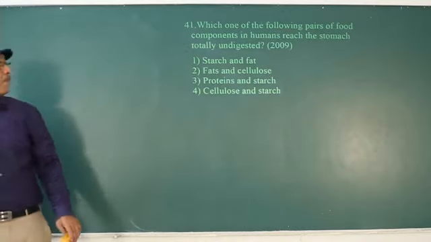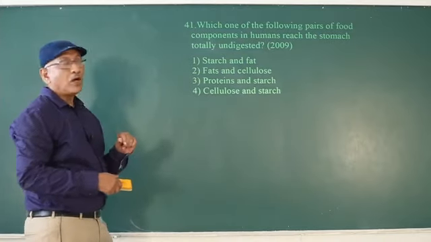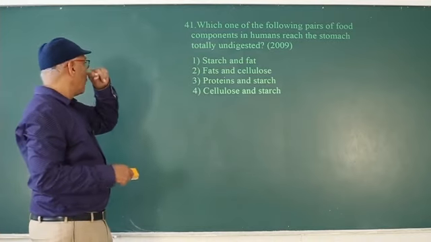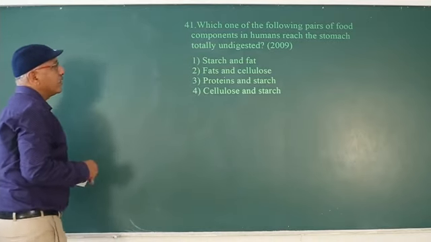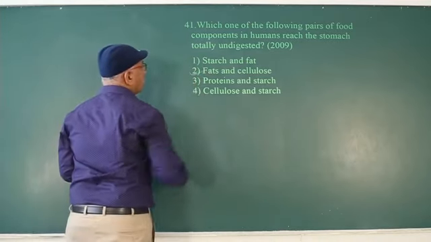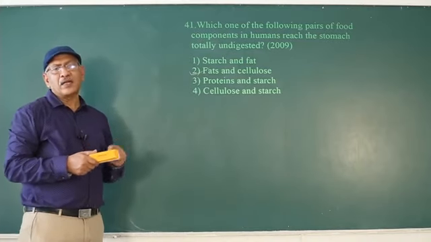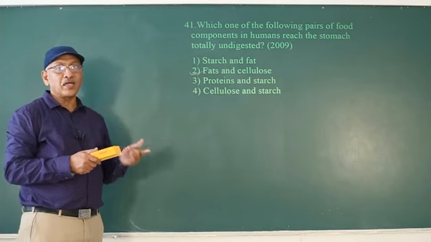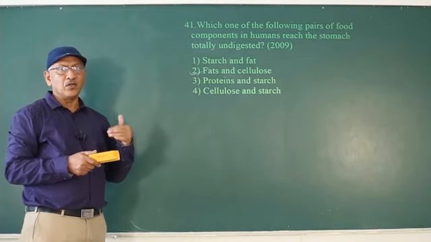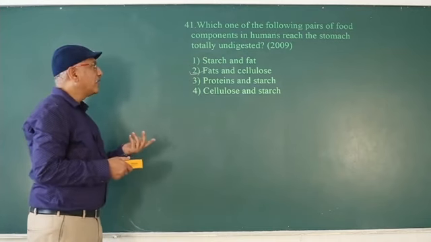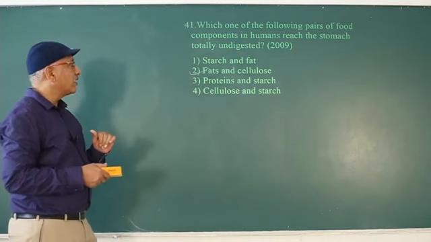Next question: which one of the following pairs of food components in humans reaches the stomach totally undigested? Fat and cellulose. In the buccal cavity, 30% of carbohydrates are converted into maltose. There is no fat digestion and no protein digestion.